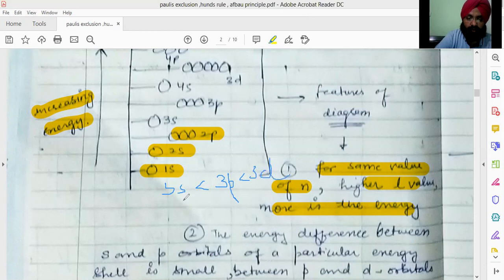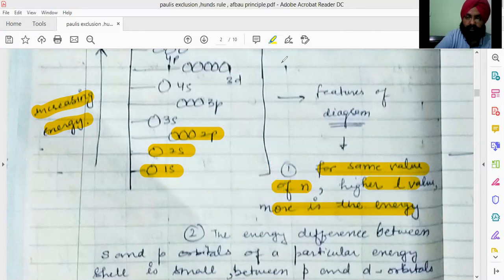So as the value of L increases for the same n, here the value of n is 3 in all these three cases, whereas the value of L increases from 0 to 1, then 2, the energy increases. For the same value of n, a higher L value means more energy.